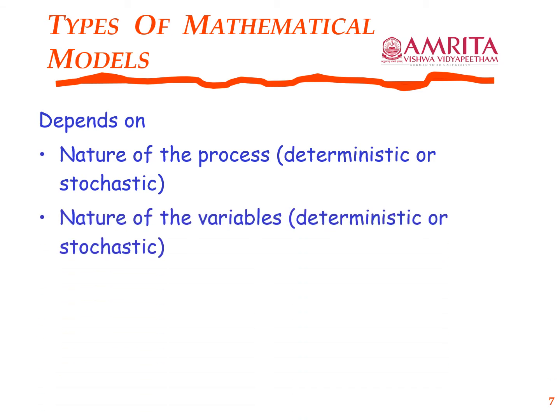The nature of the variables also matters. The example that I gave you with the CSTR is one of a process that is deterministic or stochastic, in the sense that the path traced by the fluid particles in a CSTR, from the time they enter to the time they leave, is a stochastic process.